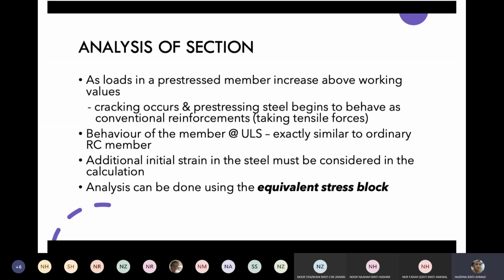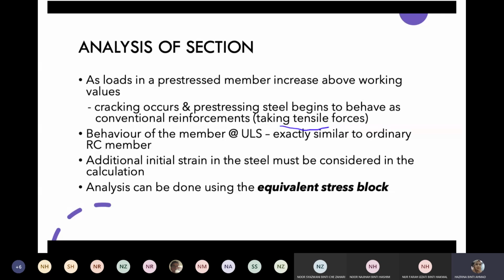So as loads in the pre-stressed member increase above working values, the cracking occurs and the pre-stressing steel begins to behave as conventional reinforcement, whereas it will take the tensile forces, right?